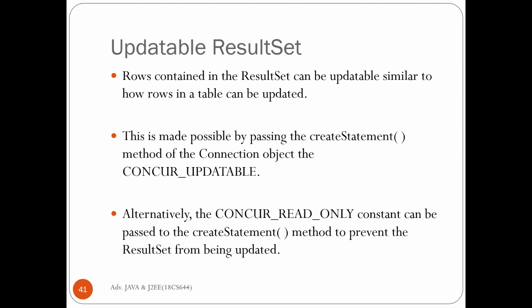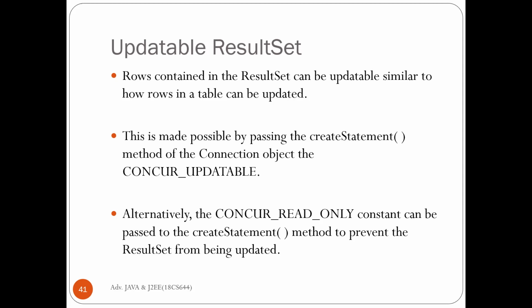And then we discussed how to verify whether scrollable is supported in our driver or not using the metadata objects. Then today we shall discuss the updatable result set and deleting of result set.